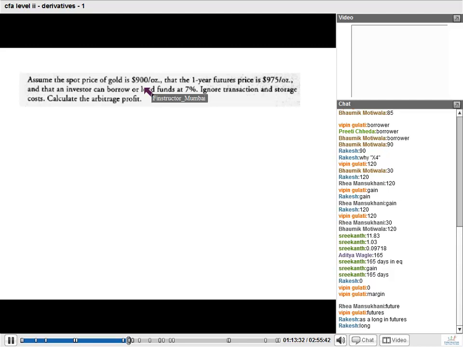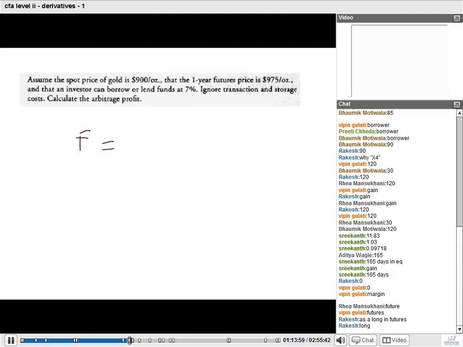Because he chose to take gold, he could have taken any asset to explain the concept of cash and carry arbitrage. So from what we have studied till now, compute the fair forward price or the fair futures price. What should F be? As far as calculations are concerned, all calculations remain exactly the same in forwards and futures.